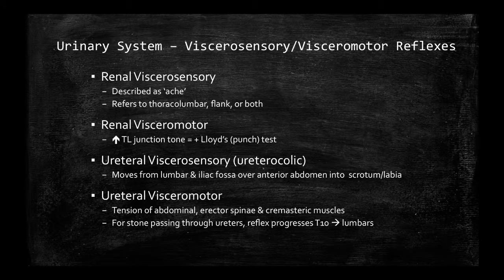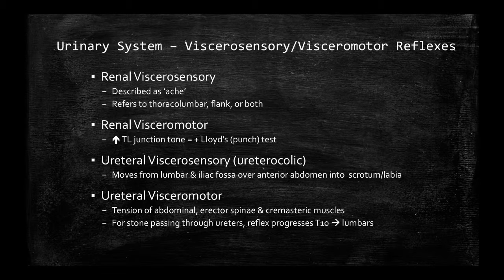In regards to viscerosensory and visceromotor reflexes, in the renal system, a viscerosensory pain is described as more of an ache, and usually refers pain to the thoracolumbar region, flank, or both. In regards to visceromotor, there's an increased thoracolumbar junction tone, which gives you the positive Lloyd's or punch test that you see in people with kidney issues, especially renal calculus.